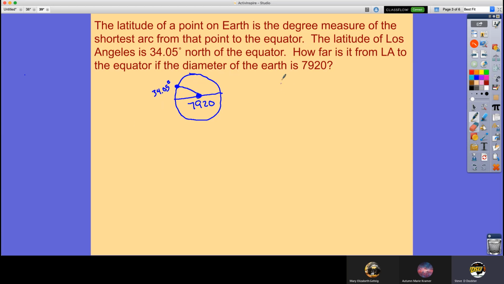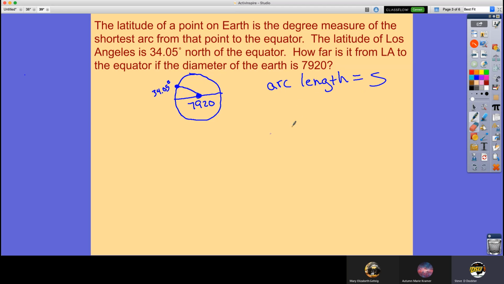Now for a lot of our variables, there's a reason for it. Like we use D for diameter, we use R for radius. For whatever reason, arc length, anybody know what it is? Arc length is S, and a perfectly logical reason for it, which I have no idea what it is. But anyway, arc length is S.